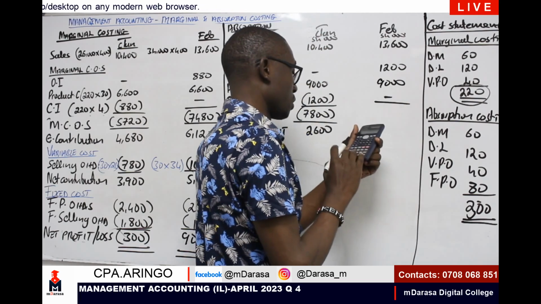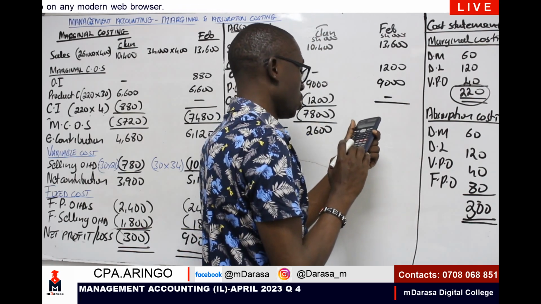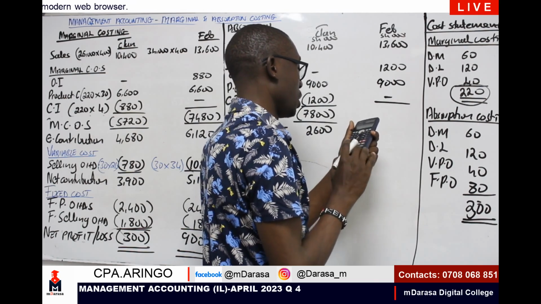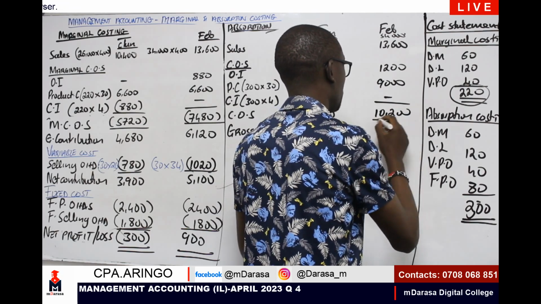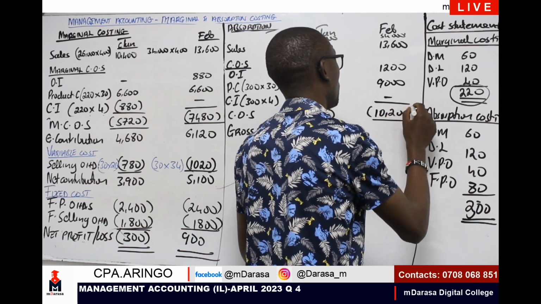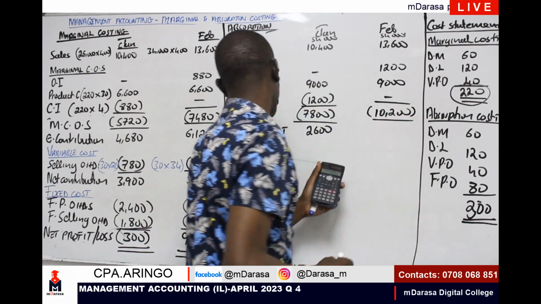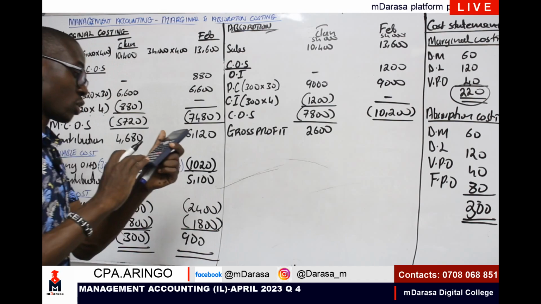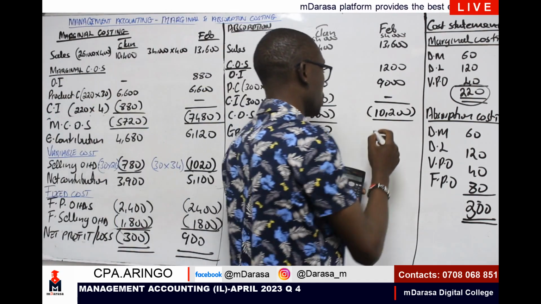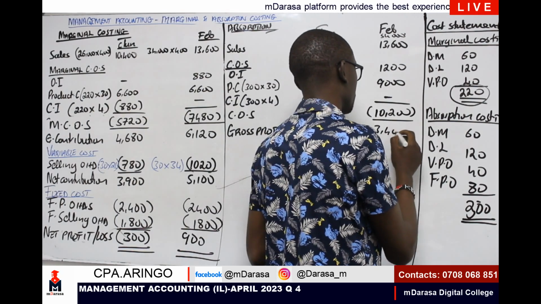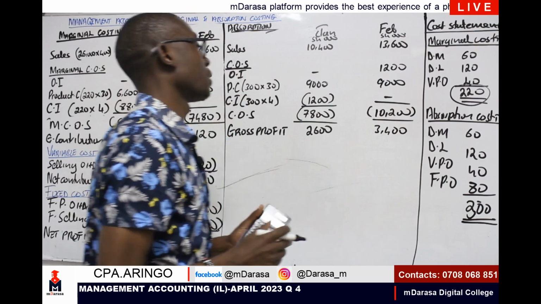So this should give us a figure of 1.2 plus 9 million to give us 10.2. Having our 10.2 being basically our cost of sales. Therefore, my gross profit would be 13.6 minus answer, which would give me 3.4. So that would be your gross profit.